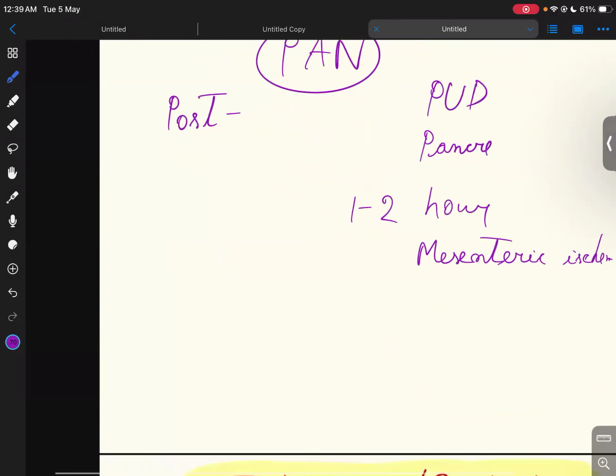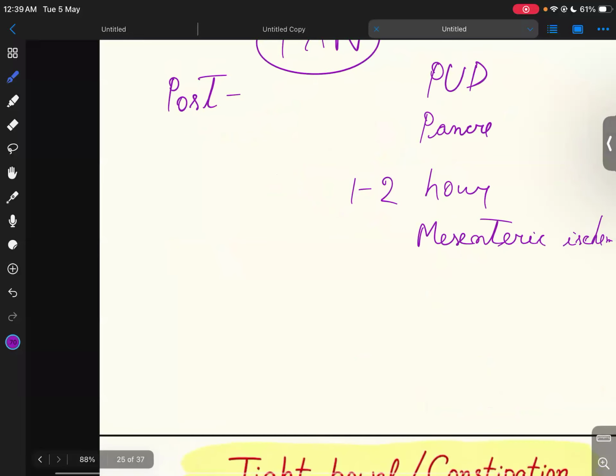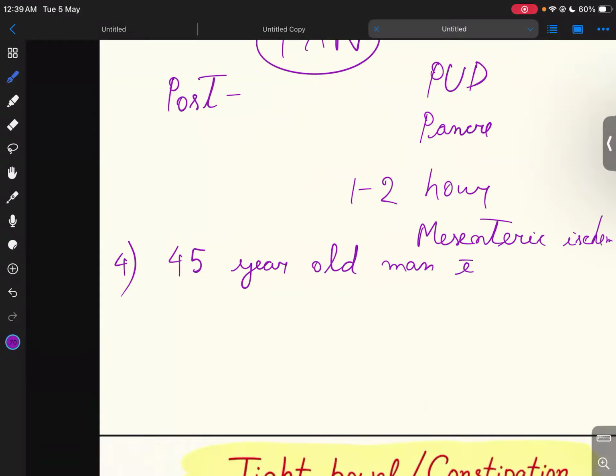Okay. Just let me ask you one final scenario. A 45-year-old male has also come with tummy pain. From outside, the blood calcium is given as 3.3.